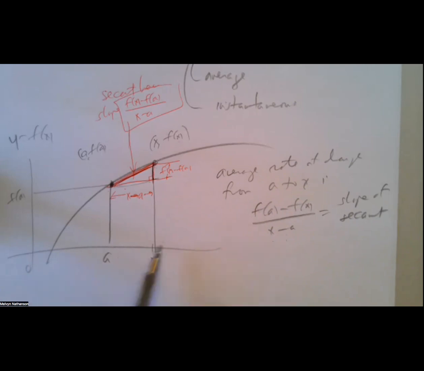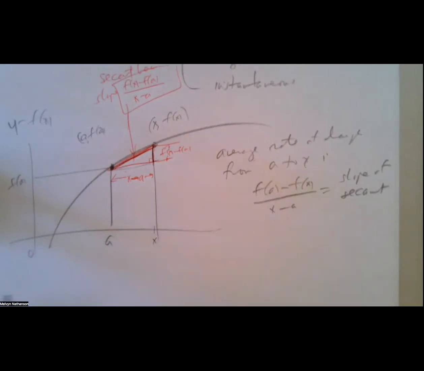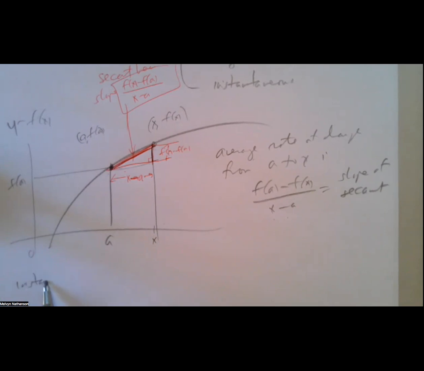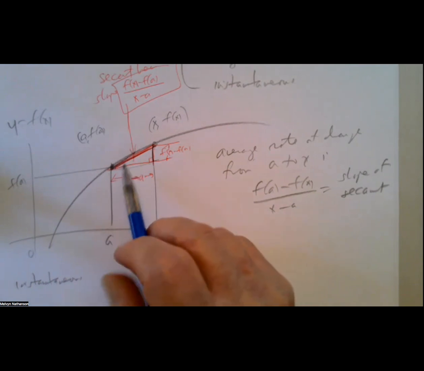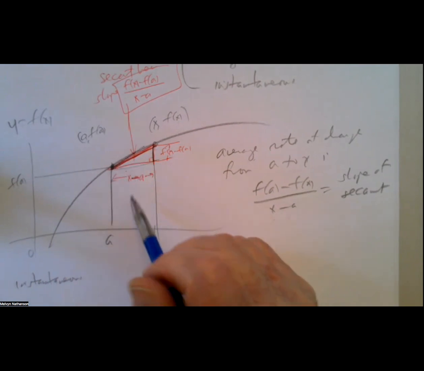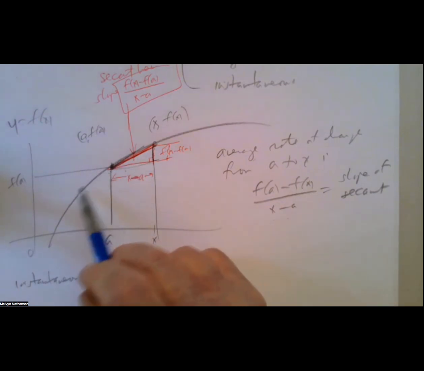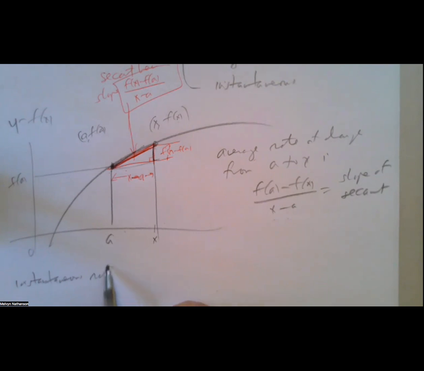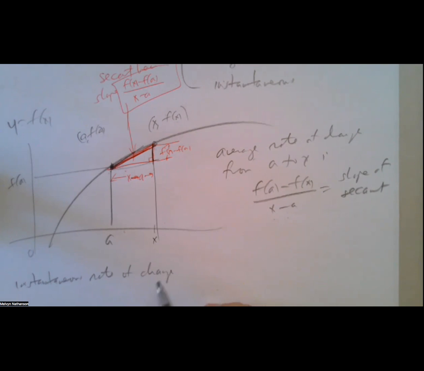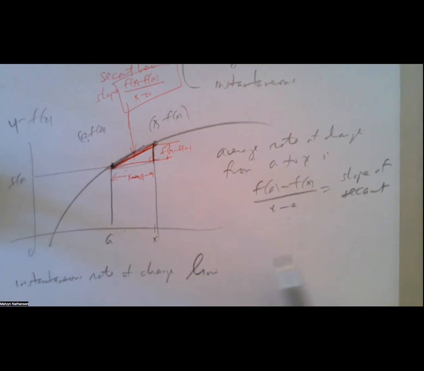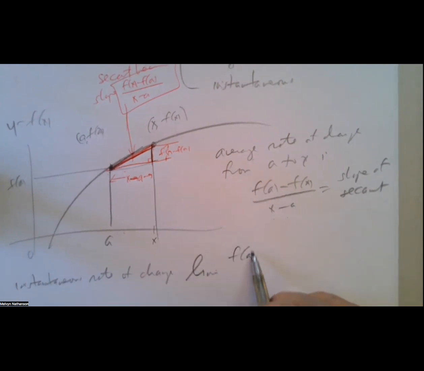But if you want the instantaneous rate of change, not the average, you might take a smaller interval from a to a point x closer to a, and smaller and smaller and smaller. And these secant lines, or the slopes of the secants, would be the limit of this quantity, f of x minus f of a over x minus a as x approaches a.